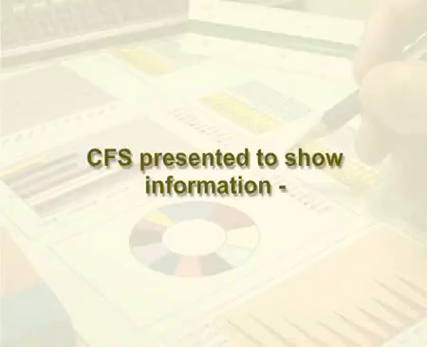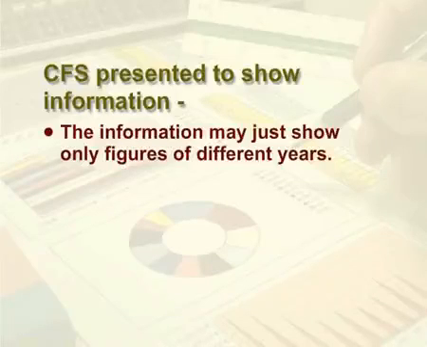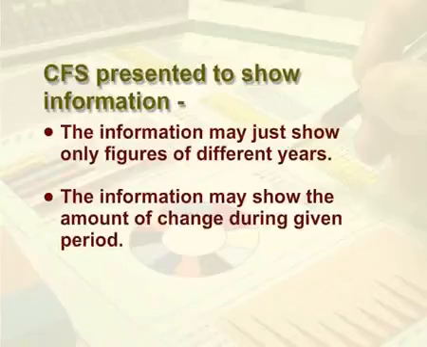The CFS may be presented in order to show information in the following pattern. 1. The information may just show only figures of different years. For example, the sales of previous year were rupees 10 lakh and current year it is 17 lakh. Second, the information may show the amount of change during a given period.